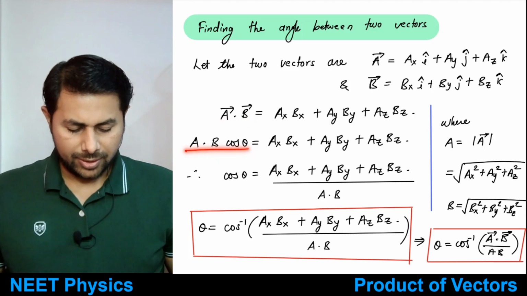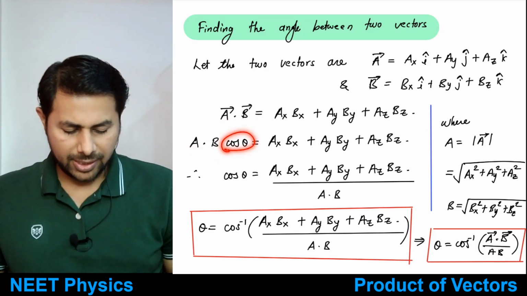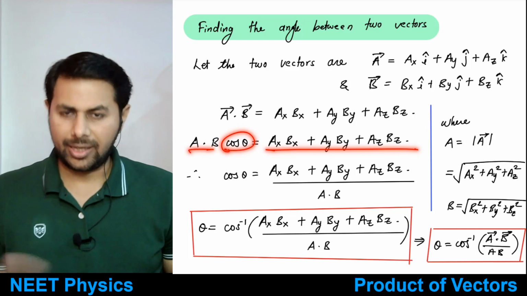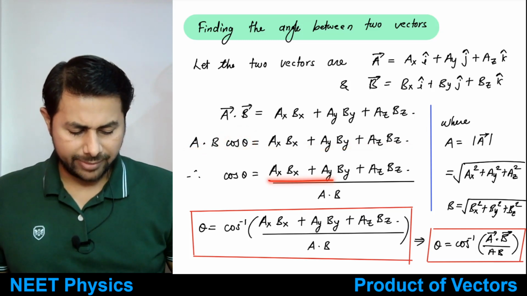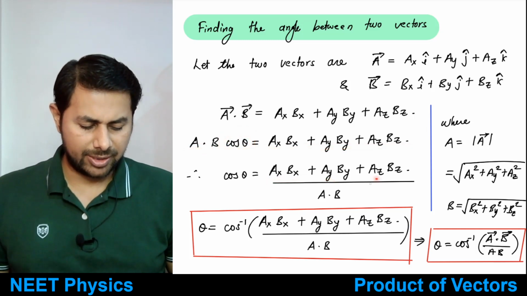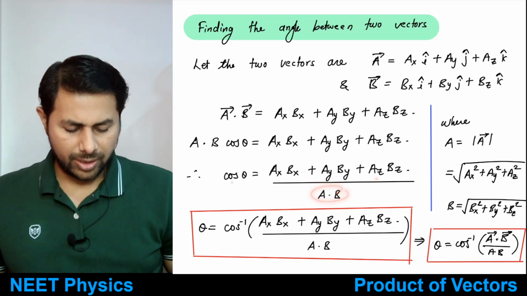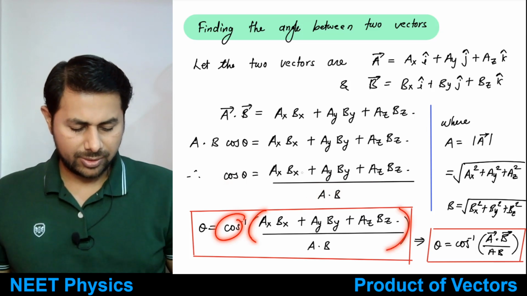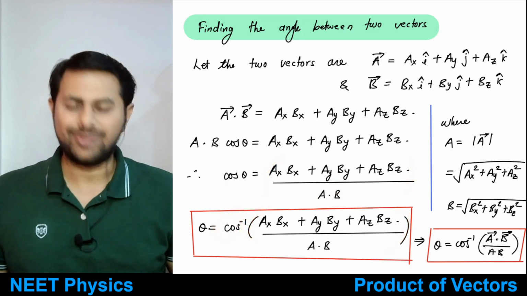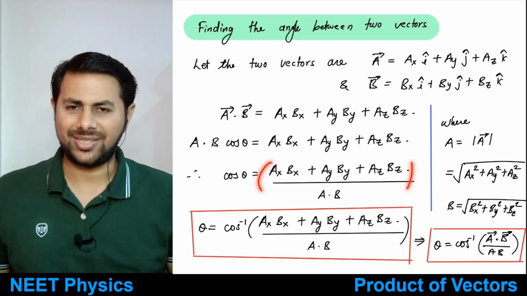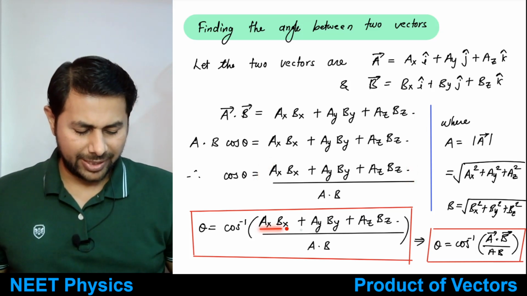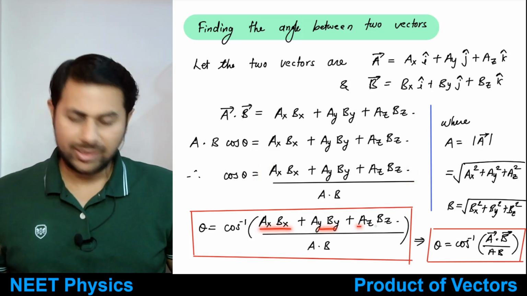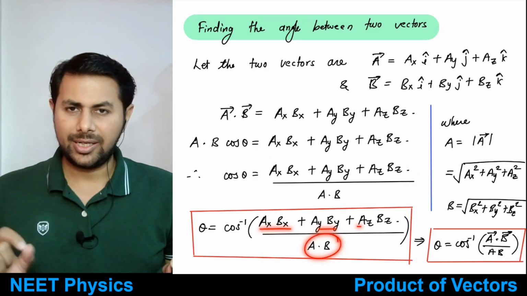So cos theta equals ax bx plus ay by plus az bz divided by ab. Therefore theta is cos inverse of ax bx plus ay by plus az bz divided by ab.